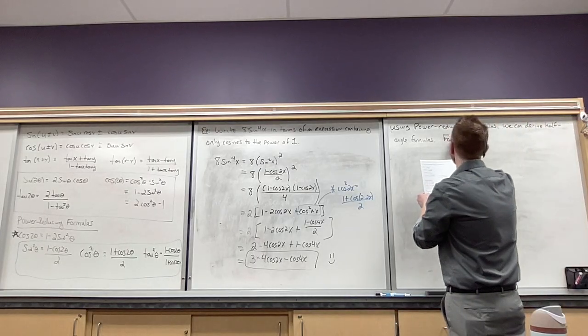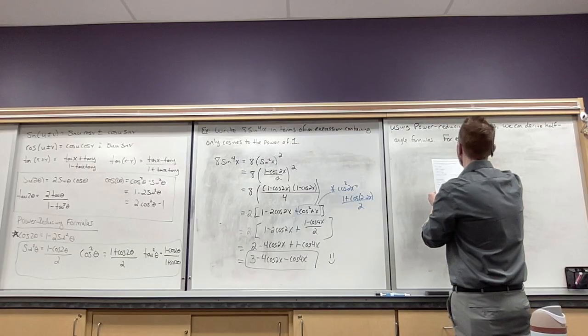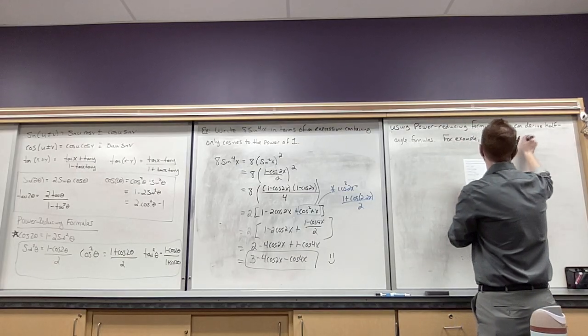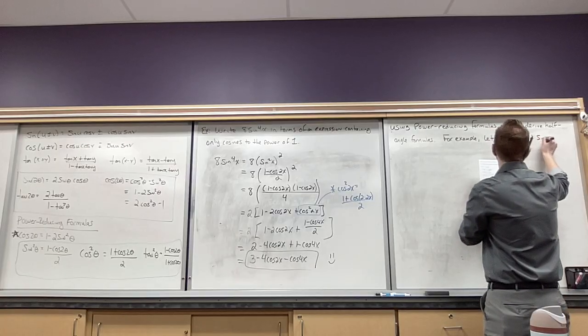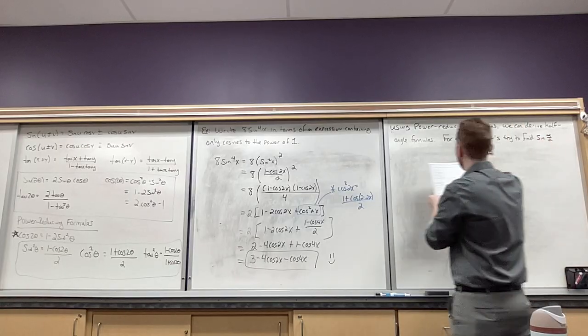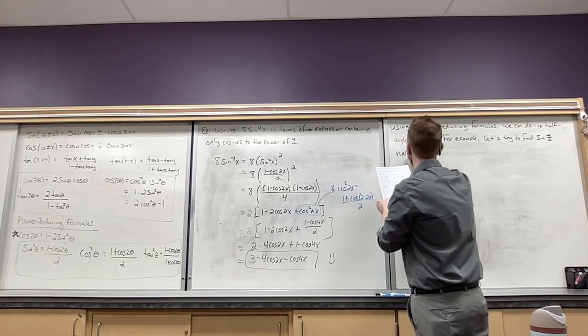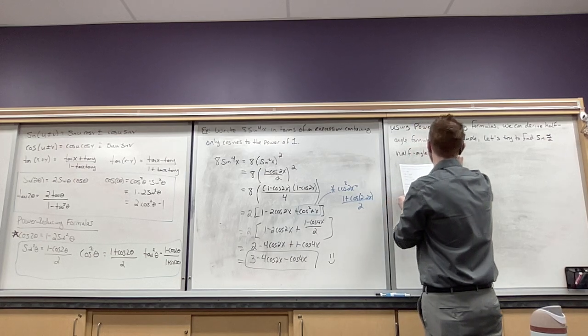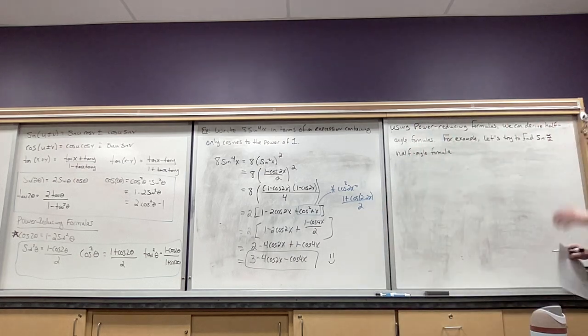So let's try one out. So for example, let's try to find sine of alpha over 2, half angle formula. Okay, let's see if we can't derive that. And again, it wants us to use power reducing formulas.